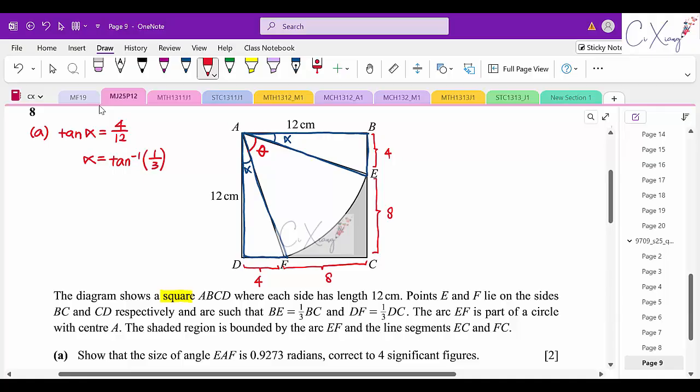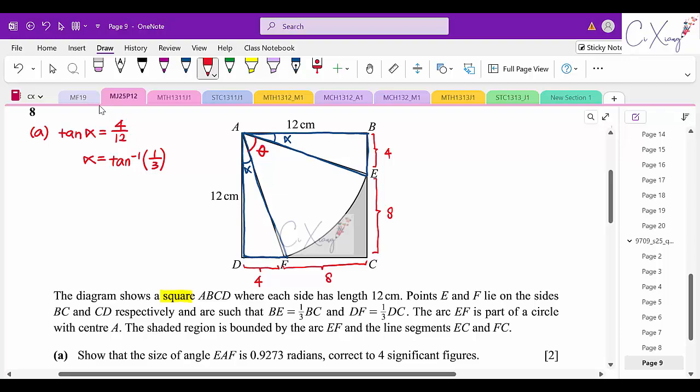Right, like what I told you earlier, for tangent alpha, it is 4 over 12, which is 1 over 3.